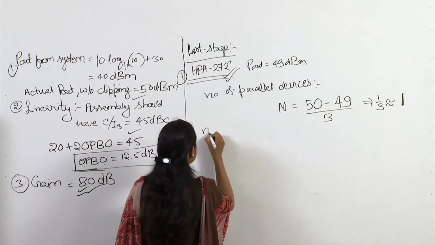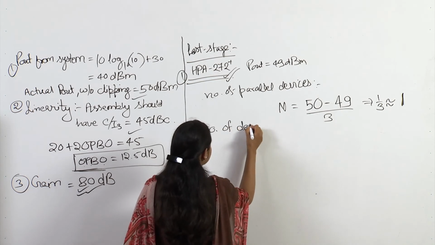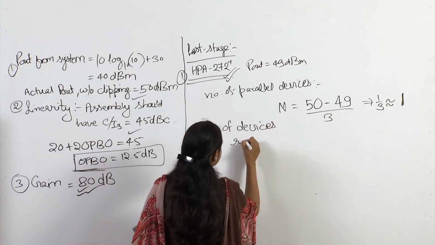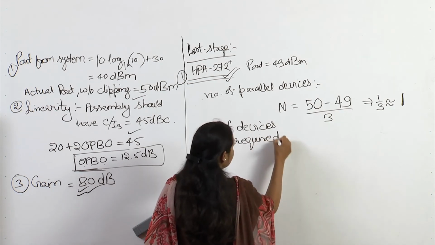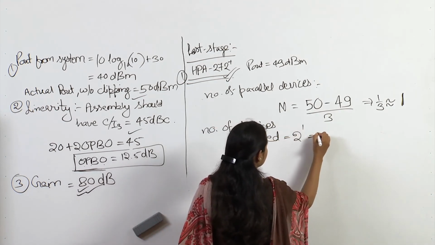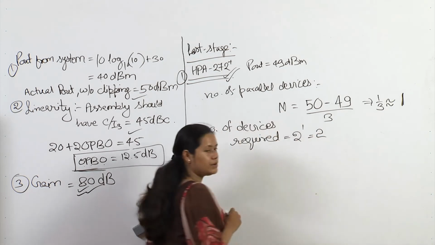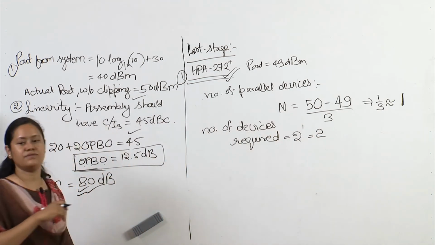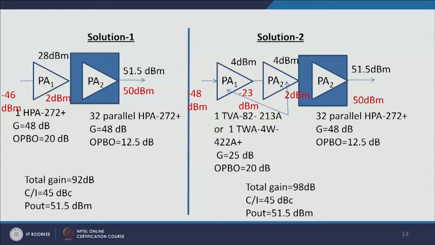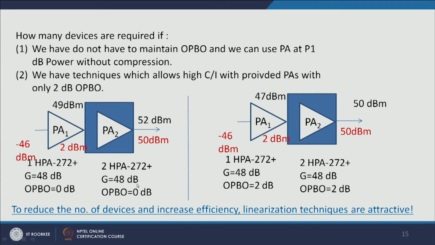Now the number of devices required will be 2 to the power 1, which is only 2. If we compare this with our previous case, we were requiring 32 of such devices when we required that output power back off of 12.5 dB. Now when we do not require any output power back off, we can use all the P1 dB range. We actually require only 2 of these power amplifiers in parallel.